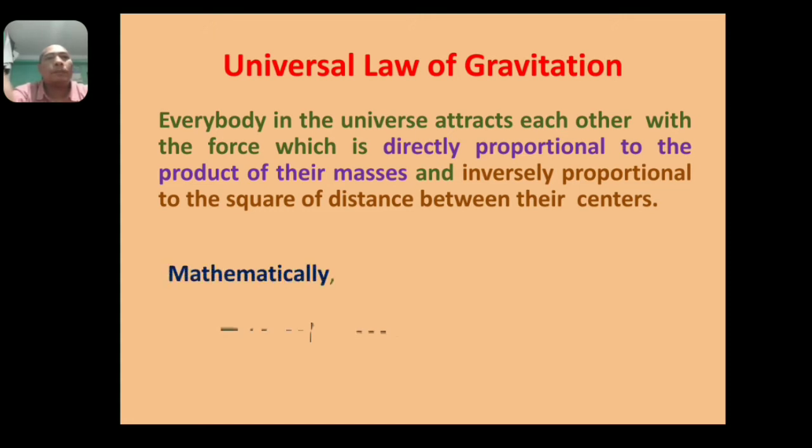Mathematically, F is directly proportional to the product of M1 and M2. F is inversely proportional to the square of distance.